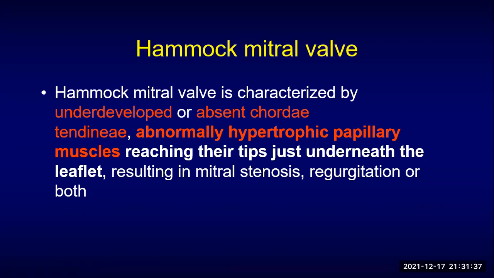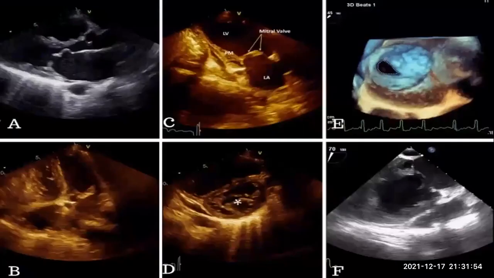The hammock mitral valve, which is characterized by underdeveloped or absent chordae tendineae, abnormally hypertrophic papillary muscle, reaching their tips just underneath the leaflet, resulting in mitral stenosis, regurgitation, or both.